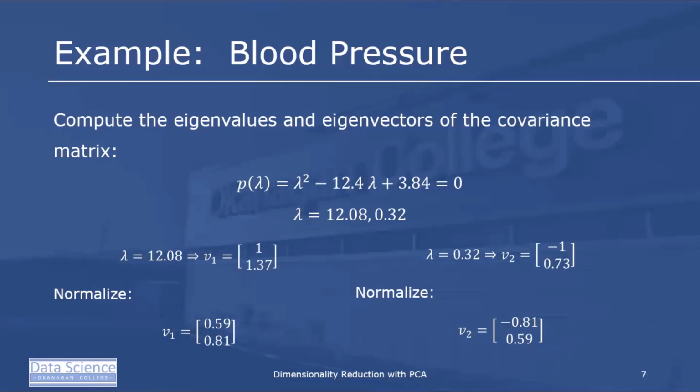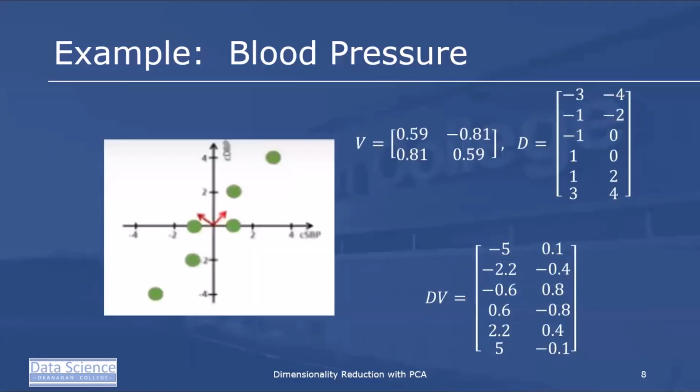Vector 2 is (-0.81, 0.59). So our eigenvectors make up the columns of matrix V: 0.59, 0.81, -0.81, 0.59.